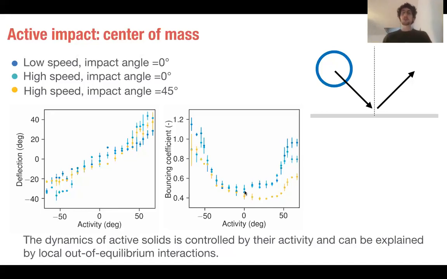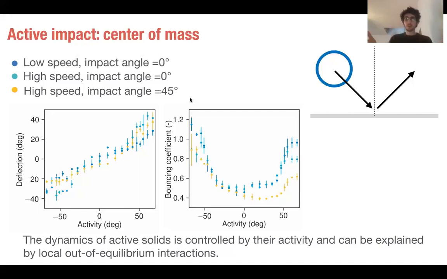But then, as you increase the activity, you increase this bouncing coefficient, and you can even reach values of these bouncing coefficients that are higher than 1. So now your object is bouncing with a speed that is higher than the speed it was coming in. Okay, so that's the first overall observation, but it's just describing an active impact, basically.